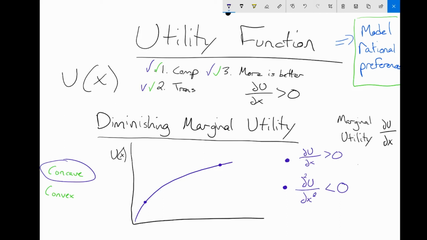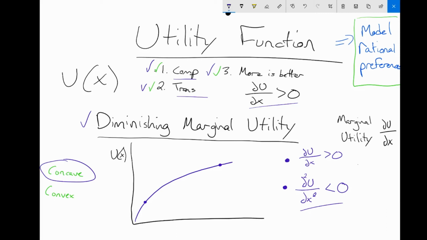We're building our toolbox. We need a function that will be complete, a function that will satisfy transitivity, and a function for which the derivative is positive. And now we have an additional property: we need a function where the second derivative will be negative, so that it will exemplify diminishing marginal utility.